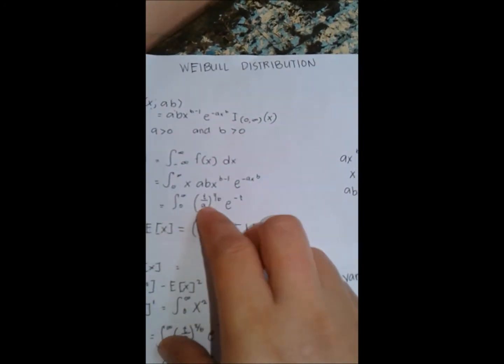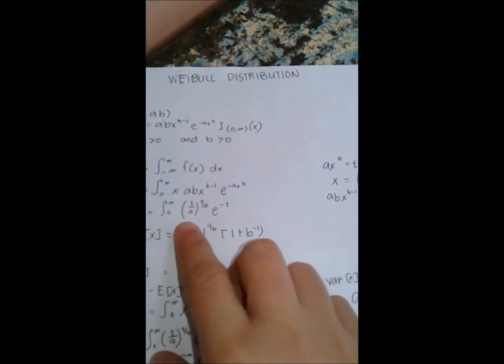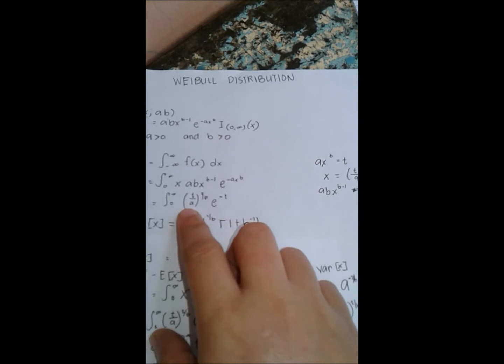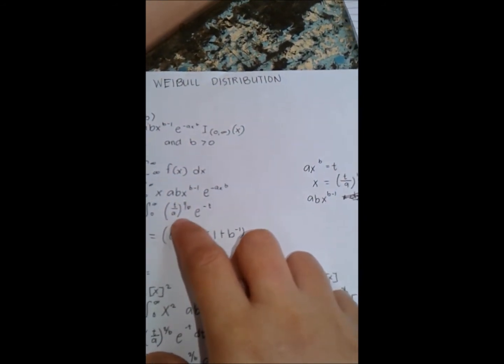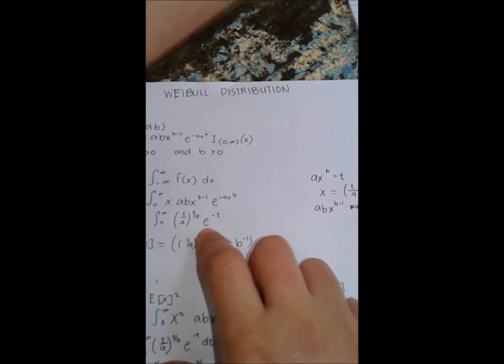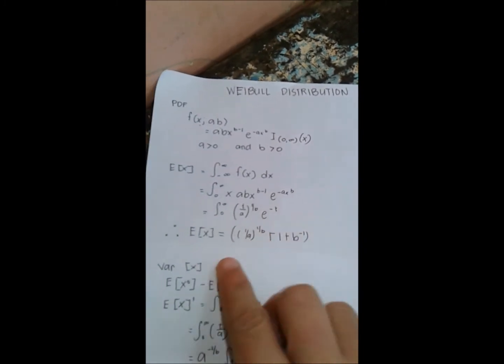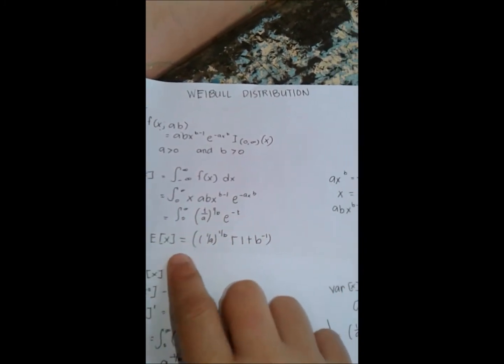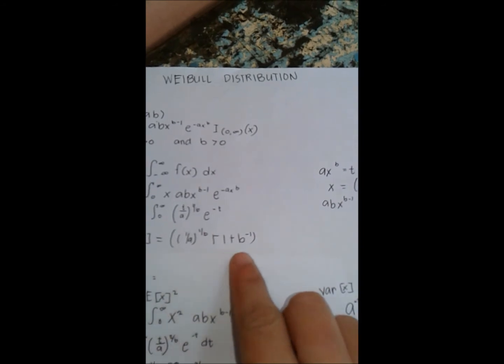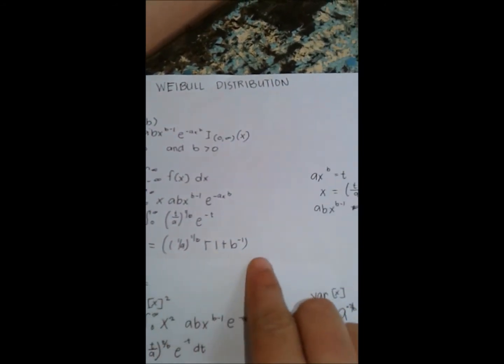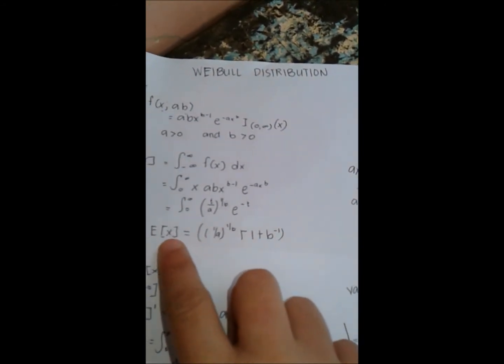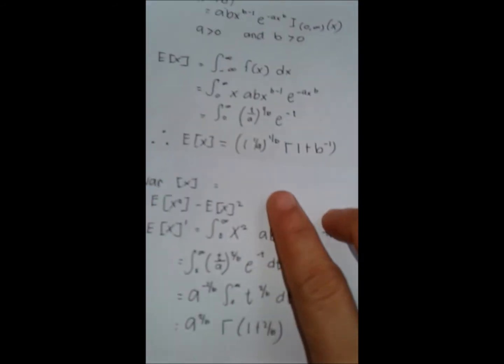So we have x equal to (t over a) raised to the power of 1 over b, and then e to the negative t. So we get the mean. We have this solution. We have this proving, which is the mean of the Weibull distribution.